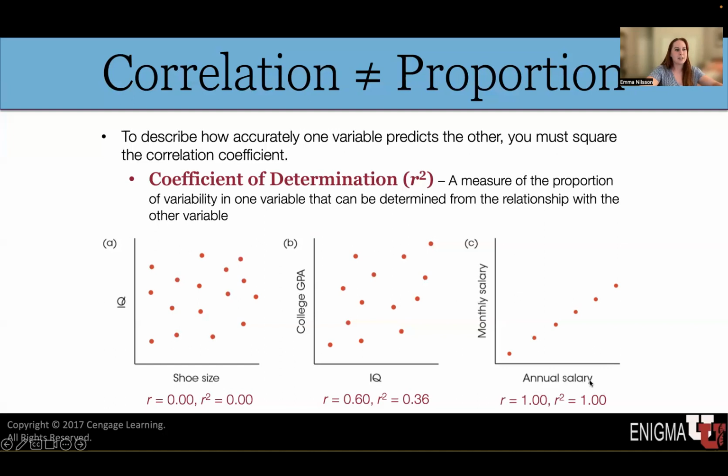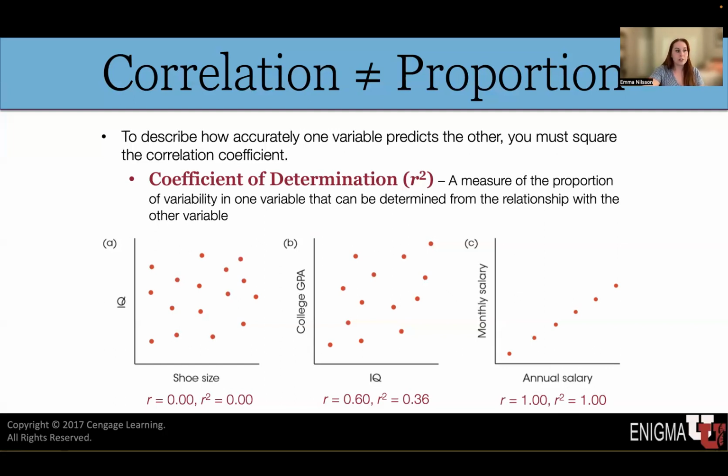In this last example here, we show a perfect linear relationship of 1, which means that our coefficient of determination is also 1. This is between annual salary and monthly salary. So what that means is if you know a person's annual salary, you can predict the person's monthly salary with perfect accuracy and vice versa.